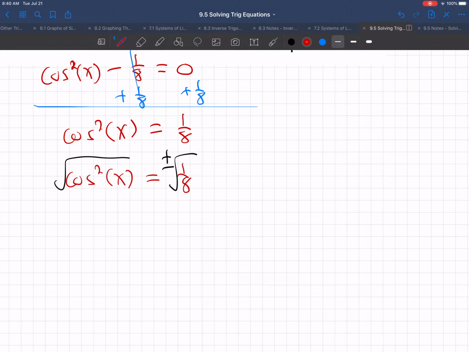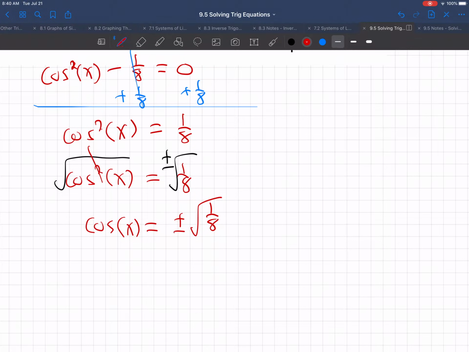Okay, so where does that leave us? These guys cancel, right? A root is the opposite of a square. So cosine of x is plus or minus the square root of 1/8. Like that. Now, square root of 1/8, that is not on the unit circle, the best I can tell.